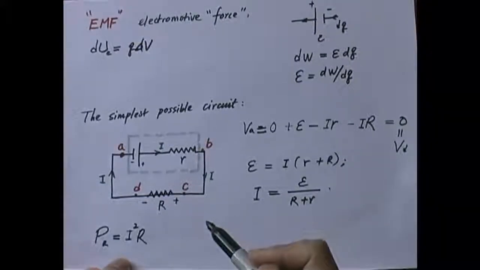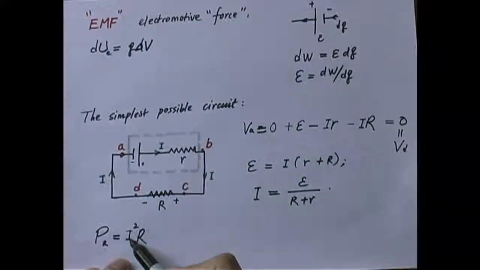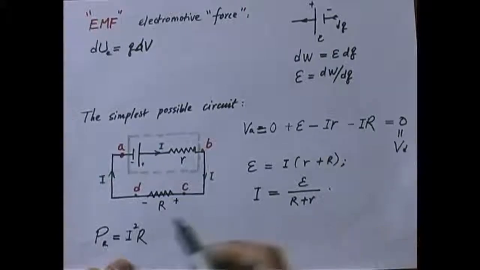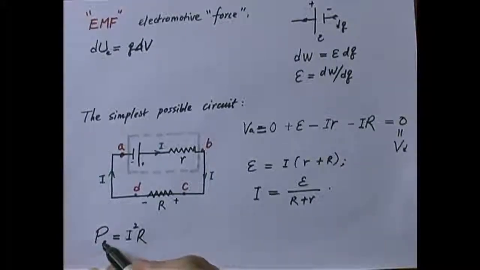Well, right now, I have R. You can see from here, I is a function of R. So what I need to do is optimize the value of big R to make P the greatest.